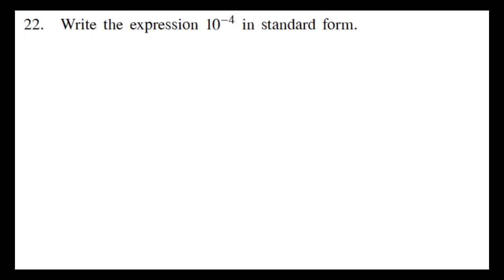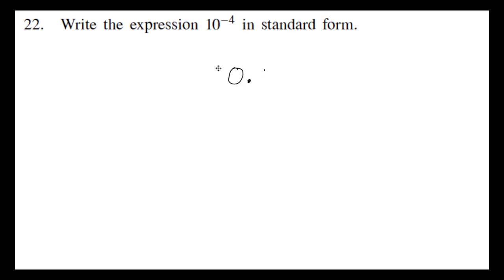Write the expression 10 to the negative 4th in standard form. So we don't want this as a fraction. We know this is a power of 10, so it's going to be a decimal. So that means I have 0. 10 to the negative 4th means I'm going to move it 4 places to the left.